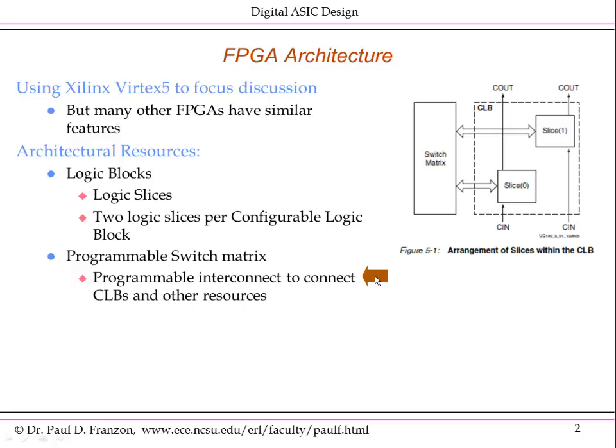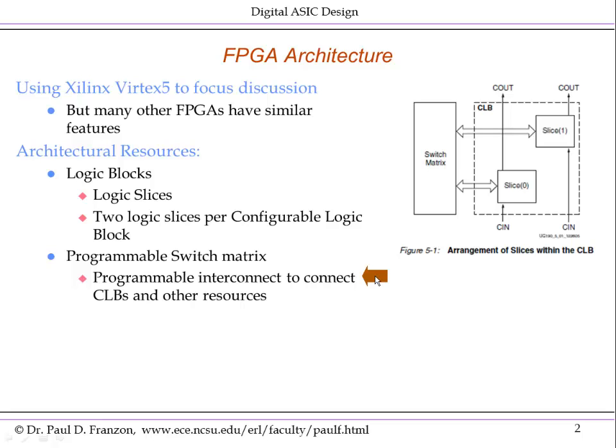So in general, the combinational logic and sequential logic maps onto the CLBs, and the wires in your design, or the nets in your netlist, map onto the programmable switch matrix. By having a large number of these arrayed across the FPGA chip, you can fit quite large designs within an FPGA.